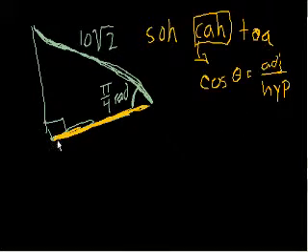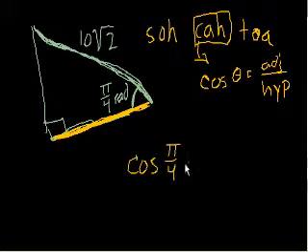So let's use this information to try to solve for this orange side, or this yellow side. We know that cosine of pi over 4 radians, so let's say cosine of pi over 4, must equal this adjacent side right here. Let's just call that A for adjacent, divided by the hypotenuse. The hypotenuse is this side, and in the problem we were given that it's 10 square roots of 2.